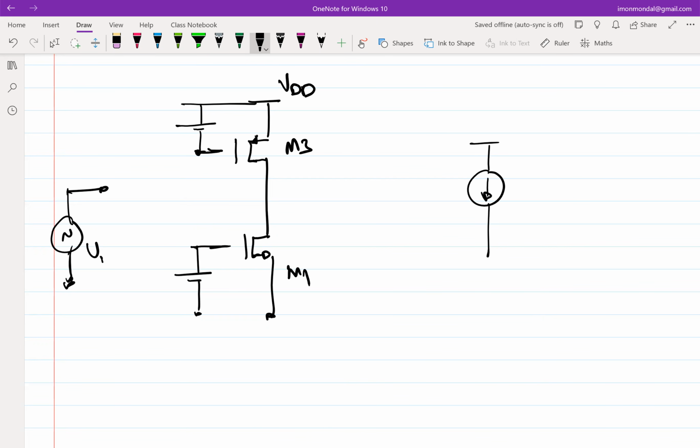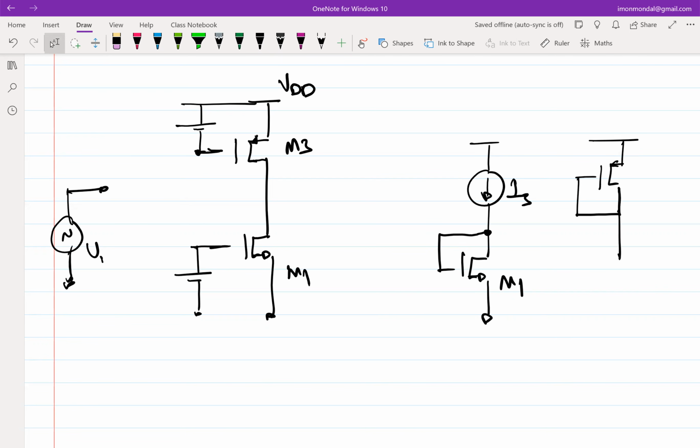For the purpose of my analysis or for the intuition, I can assume that some current, maybe I naught, or let me call it I3, because that is what is setting. And if this has to work properly, I have to use negative feedback, right? So I can use this. This is M1, and in case of M3, I can essentially say that this is probably I1, let's say. M3.